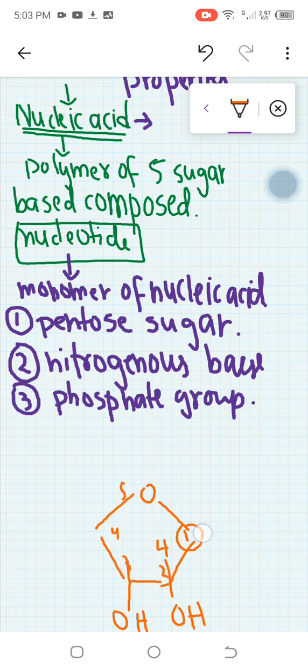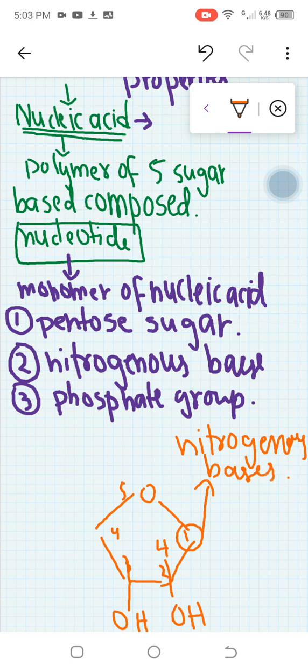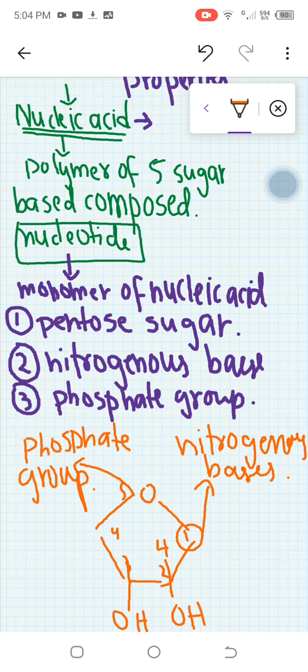On the first carbon, nitrogenous bases are attached. On the fifth carbon, phosphate group is attached.